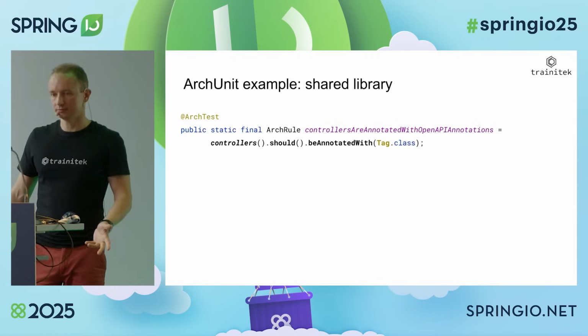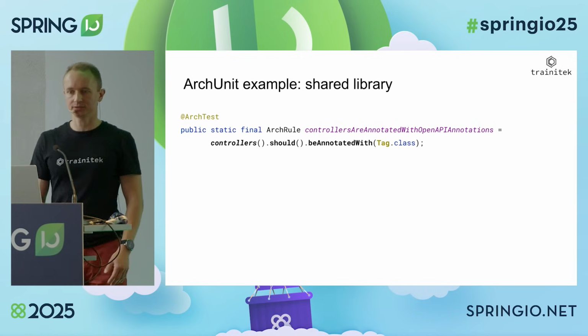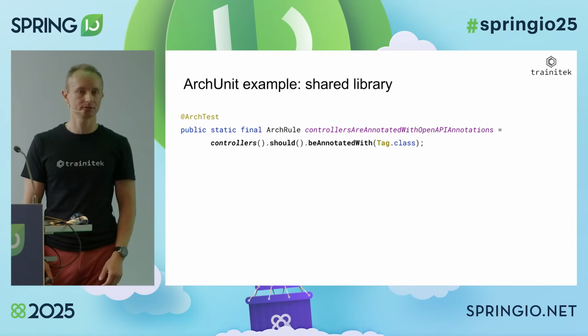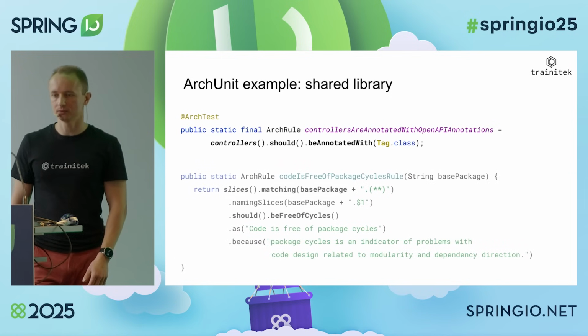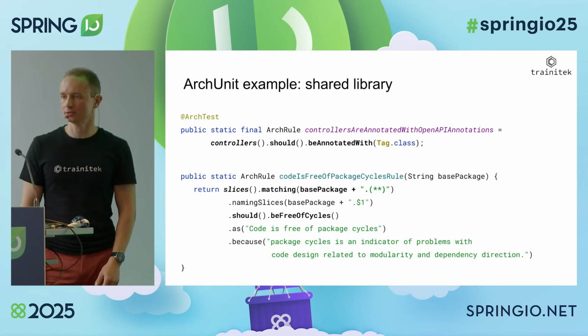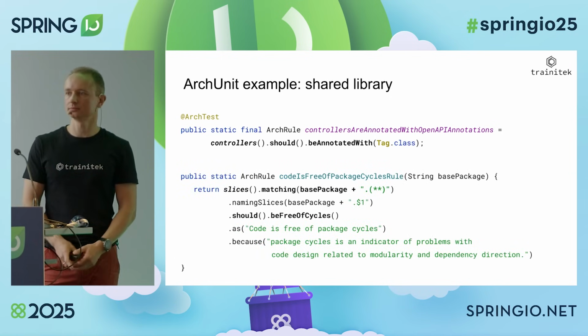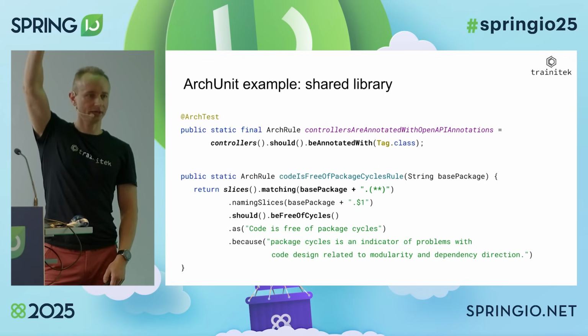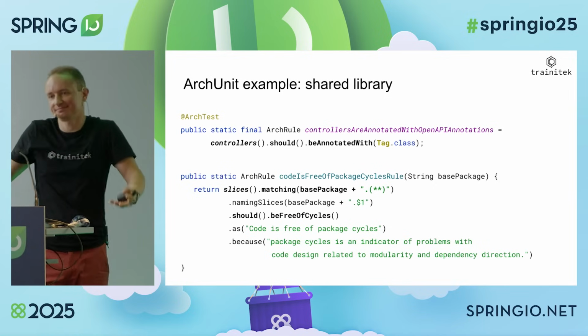One more example, very simple. Controllers are annotated with OpenAPI annotations, so we don't forget to put tags on the controllers. Or code is free of package cycles. Anybody has package cycles? You have. Yeah.